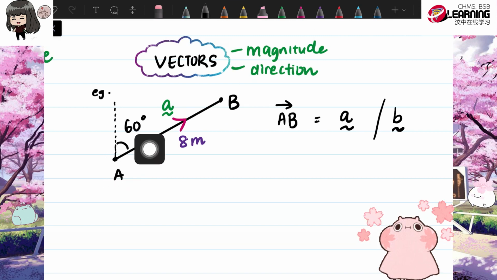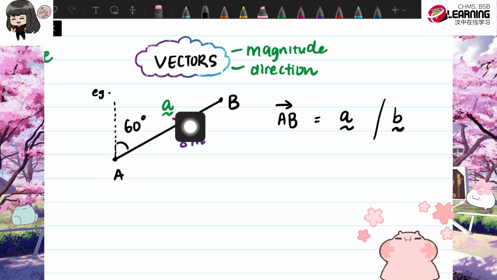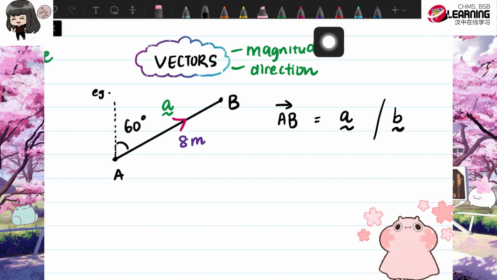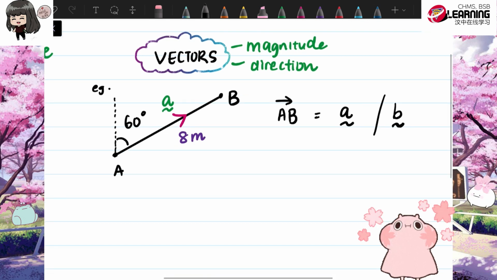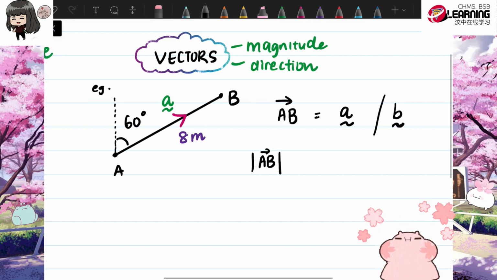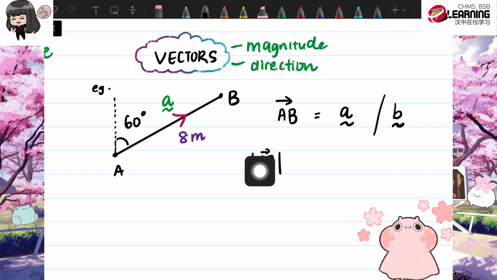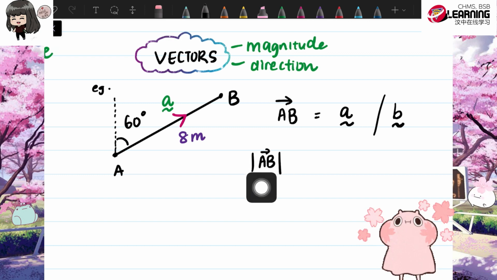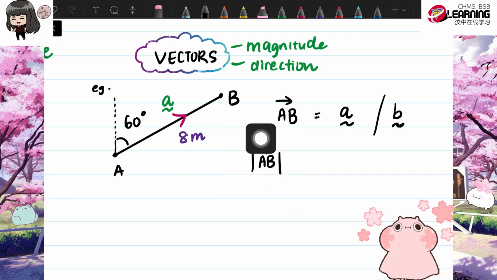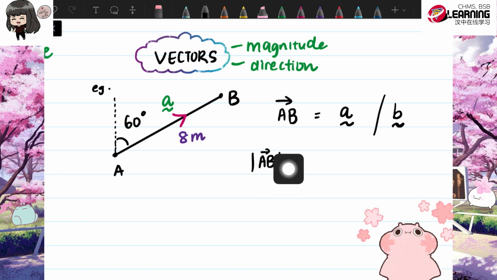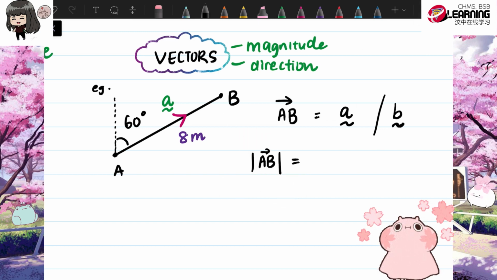And when we want to talk about the magnitude, the magnitude basically is the distance here. If you want to write down the magnitude, it's often written like this. This is called magnitude of AB or distance of AB, with the modulus bracket, like that one. It equals 8 meter in this case.